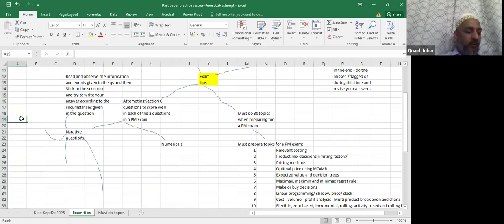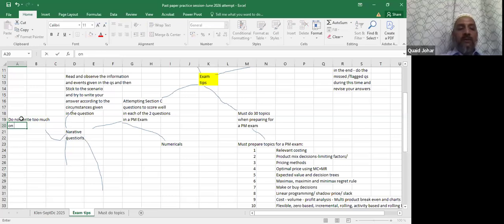So what's the tip over here? The tip is do not write too much on any one point. Rather, write short but mention many points. So by mentioning many points, you're able to get more marks.